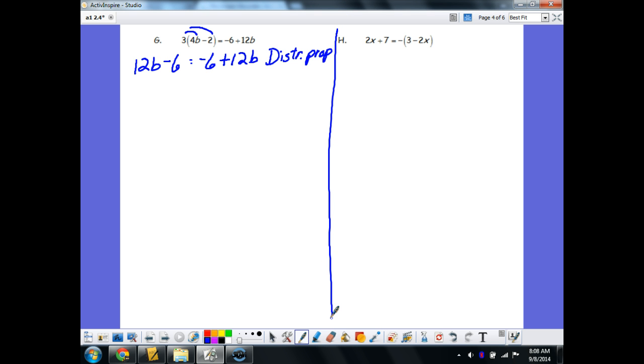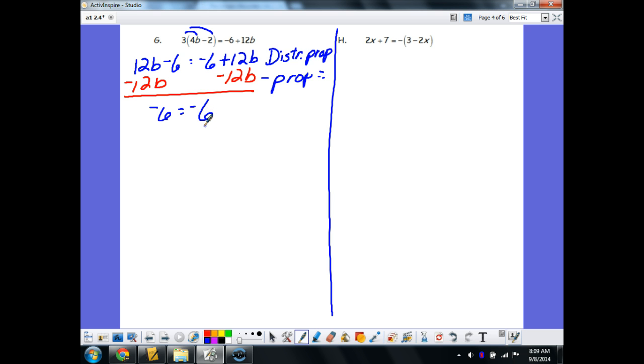So next step, we're going to use the subtraction property of equality to get the b on the same side of the equal sign. And once we do that, the b's cancel on the left side, the b's cancel on the right side, so we're left with a constant is equal to a constant.